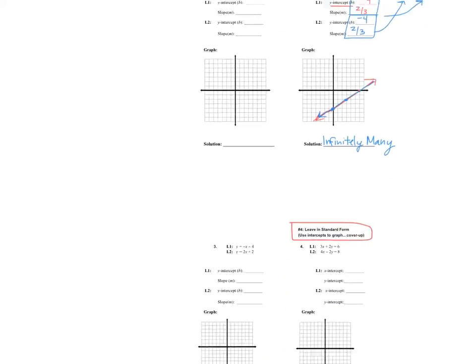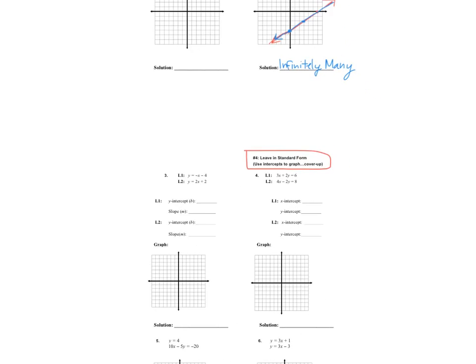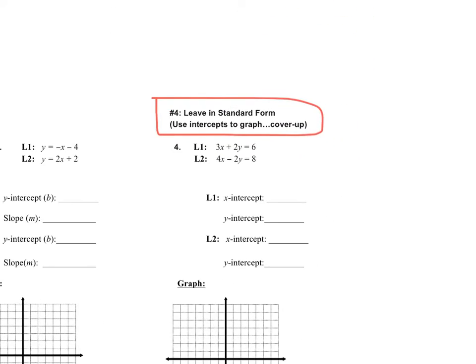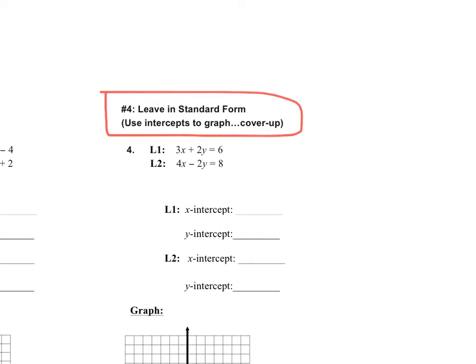Number 2. Let's do number 4, just because I told you to leave this one in standard form, and there is one on the quiz like this too. So I want to make sure you're good with it. So from standard form, we're finding intercepts. Let's just look at line 1 for now. You would write 2 equations, 3x equals 6 and 2y equals 6.